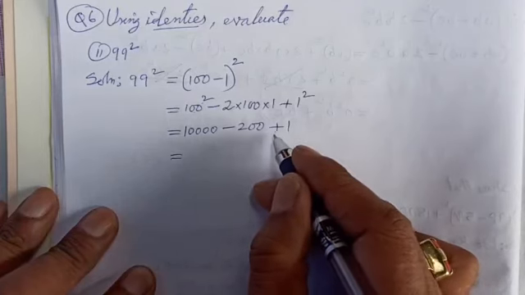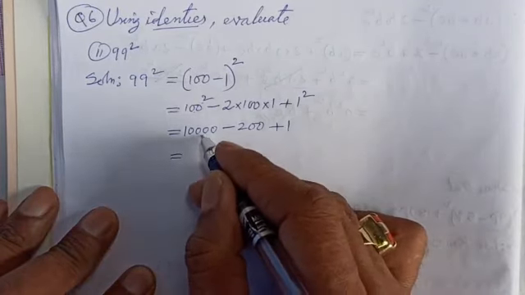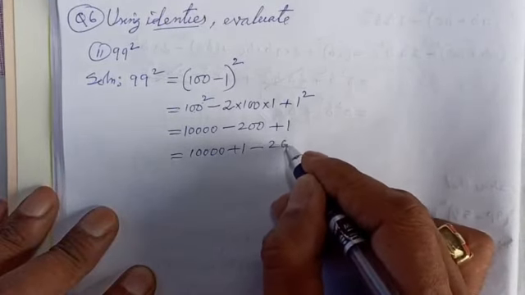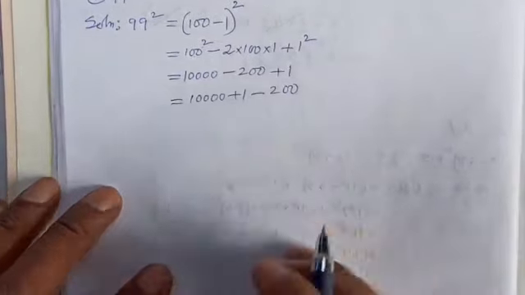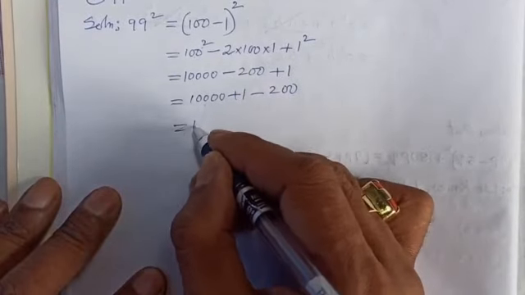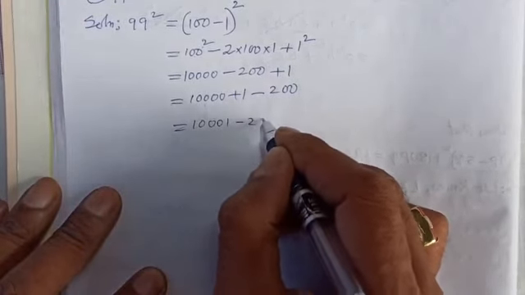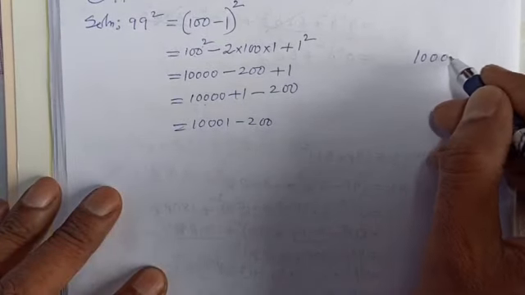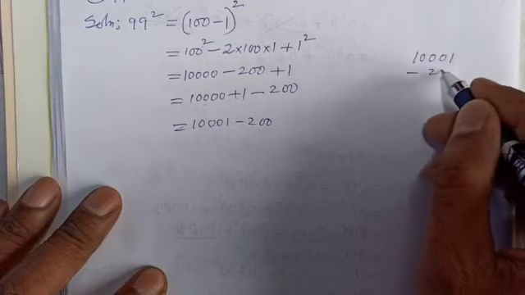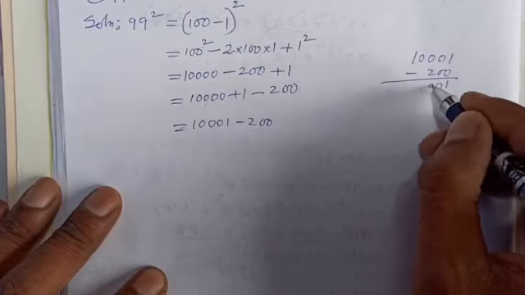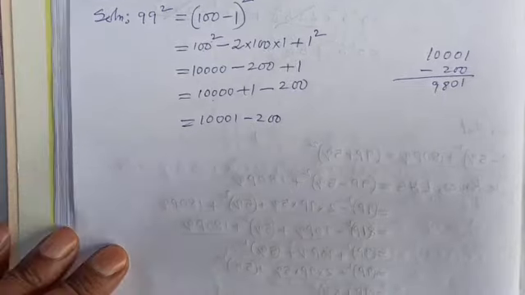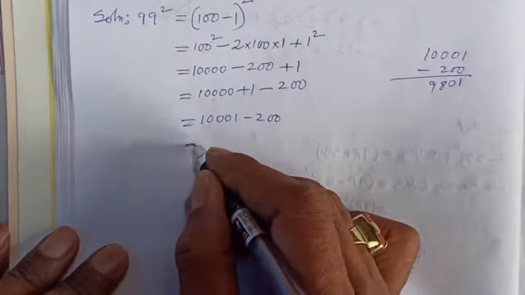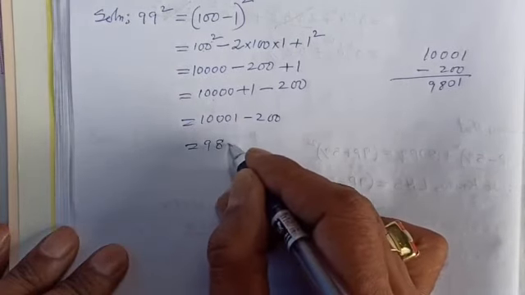Let's do the plus first: 10,000 plus 1 is 10,001, minus 200. Now let us subtract these two. If we subtract these two from here, we are getting 9,801, and this is the answer.